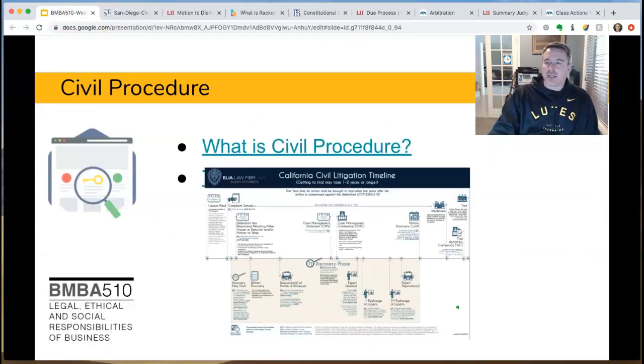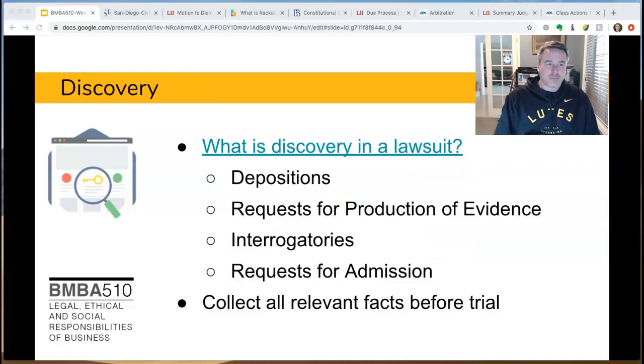So that's why it's important to understand just how many pieces of the puzzle are involved from the time you file until the time you potentially would win a jury award. It's a long time. And as we will talk about in a little bit, it doesn't mean that you collect your money. You could win and still not be able to collect. Okay, so that's a good chart I would recommend you taking a closer look at.